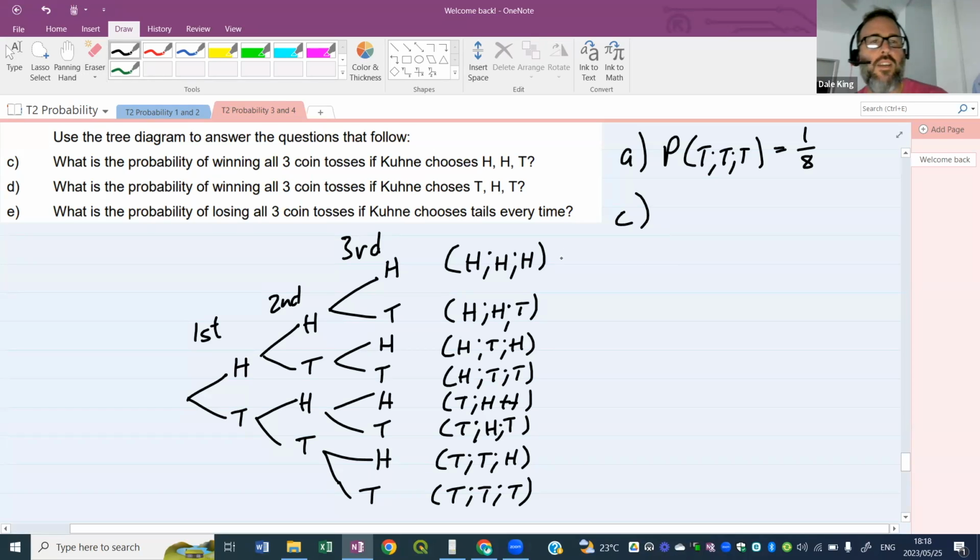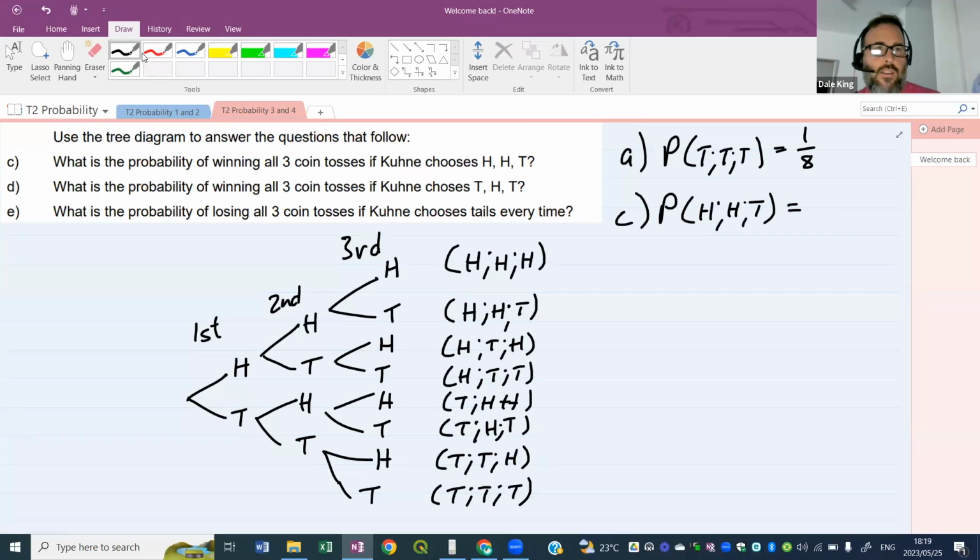Question C says, what's the probability of winning all 3 coin tosses if he chose heads, heads, tails? Okay, let me see. I think it's 3/8. All right.